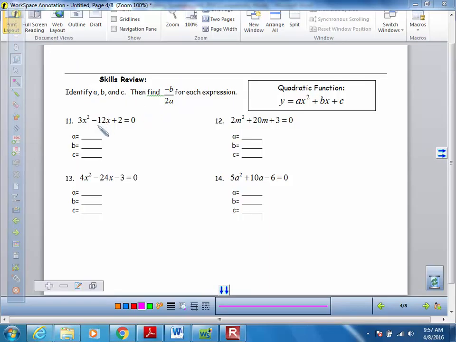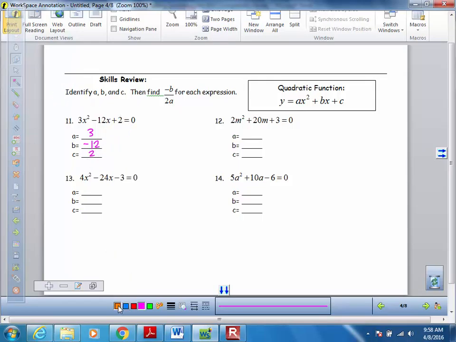But we should remember how to find a, b, and c. So what would my a be here? 3. What is my b? Negative 12. And my c is 2. Make sure you always keep the sign in front. So here we don't have a sign in front of 3, so that means it's positive. Here we have a minus, so that means it's negative. And here we have a plus, so that means it's positive.